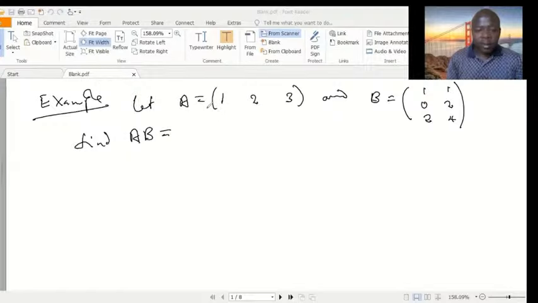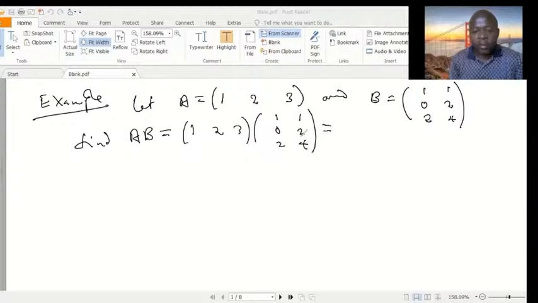So let's see, is AB compatible? Is A compatible with B? A is on the left. So the columns are 3, the rows are 3. So we can multiply this. 1, 2, 3, multiplied by 1, 0, 2, 1, 2, 4.